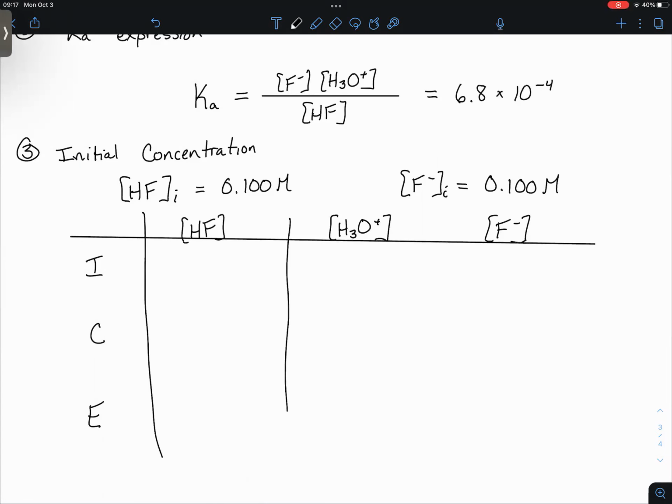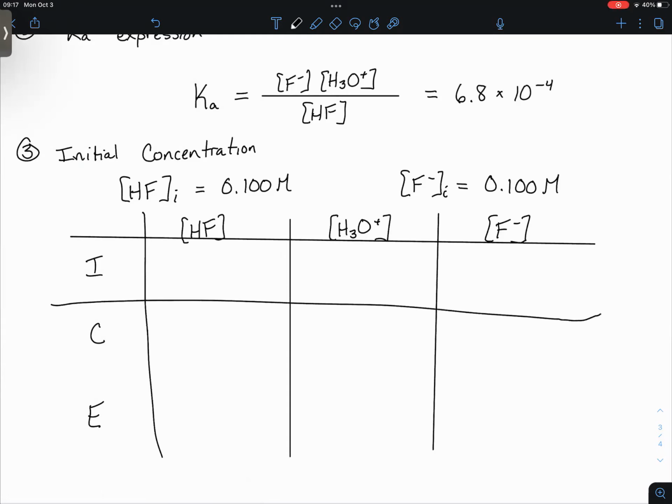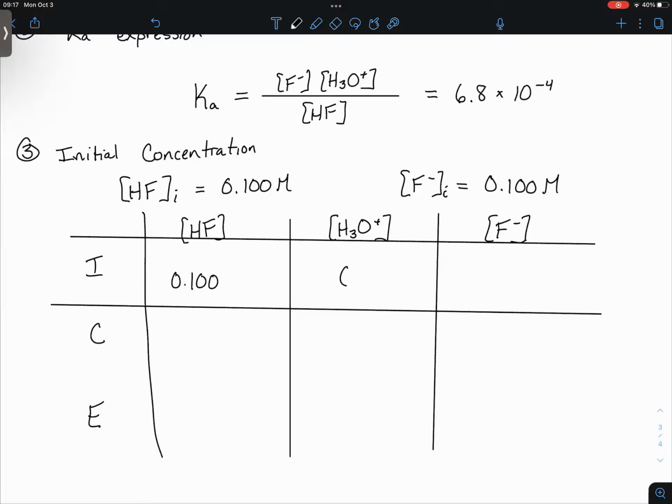So now, not only am I going to have an initial concentration of that weak acid, but I'm also going to have an initial concentration of my conjugate base, right?